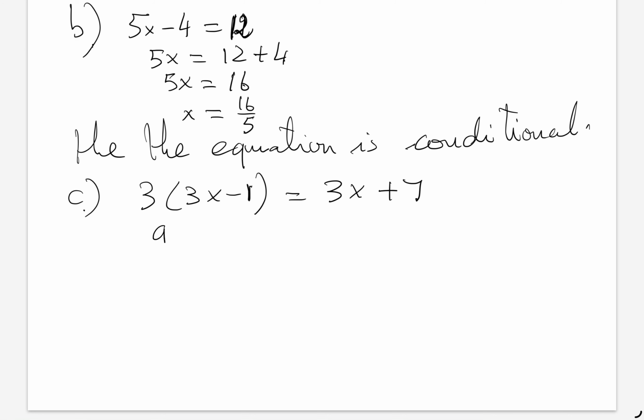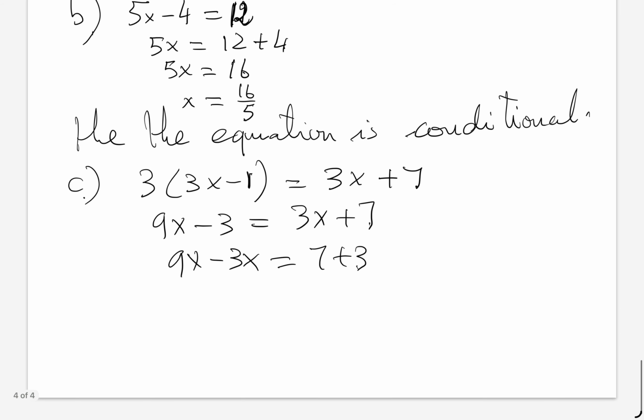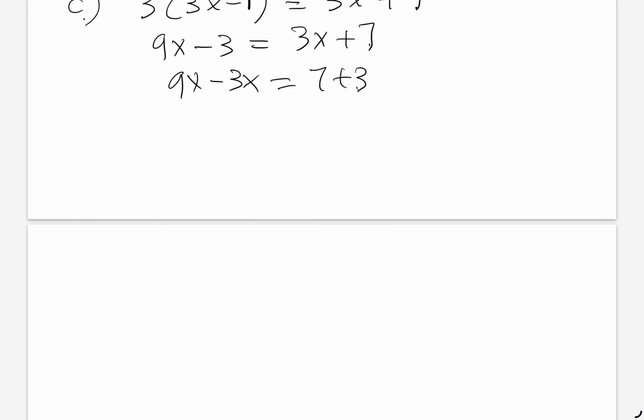So we have 9x minus 3 is equal to 3x plus 7. Move the x to the left side. We have 9x minus 3x is equal to, move the negative 3 outside, you have 7 plus 3. And then we will have 6x is equal to 10.